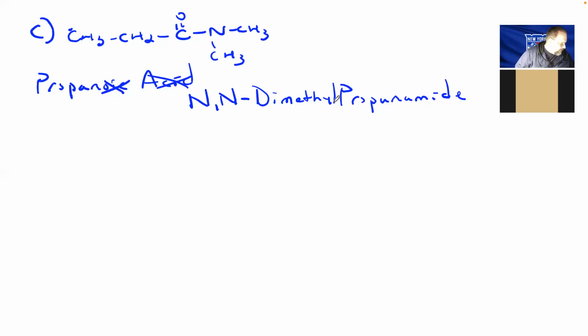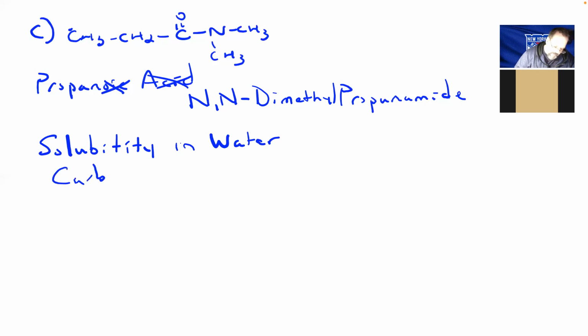Okay. All right. The time we have left, let's just run through some other examples. Let me just mention a little bit, actually, before I forget, about solubility in water, and especially for carboxylic acids.